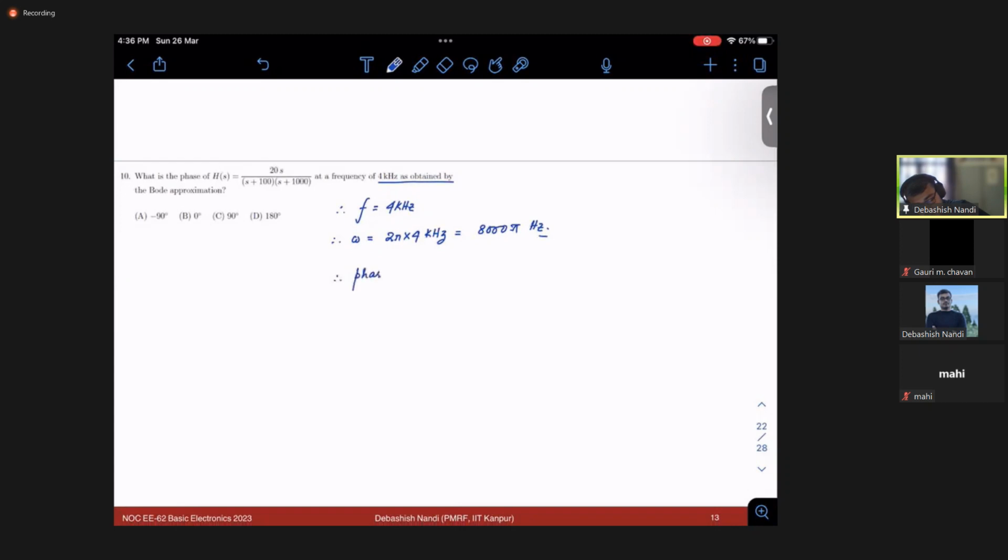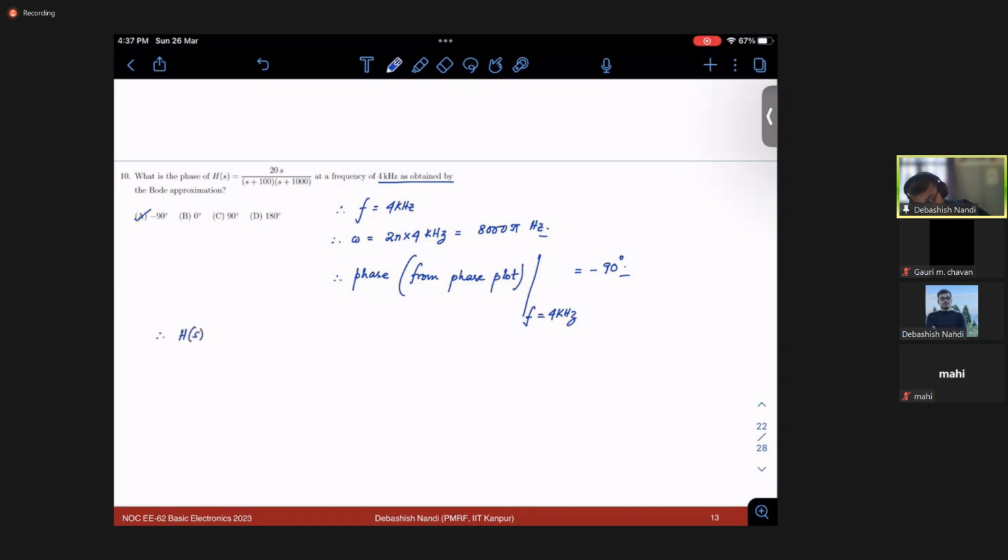So your phase from the phase plot at frequency equal to 4 kilohertz is equal to minus 90 degree, right? So this is your right option. Similarly, how can you find it from this?